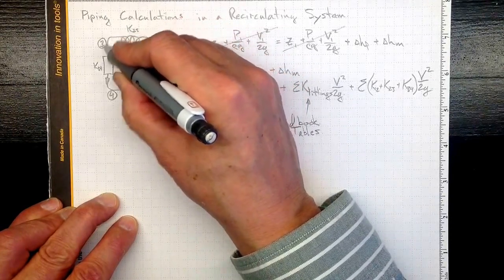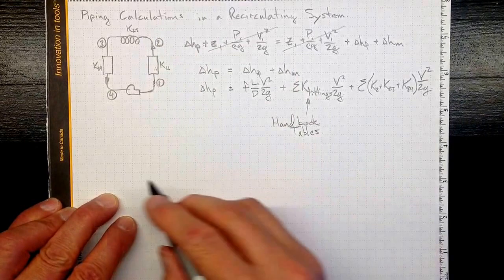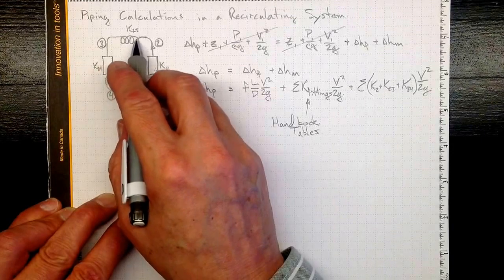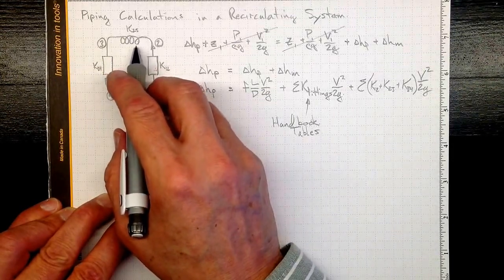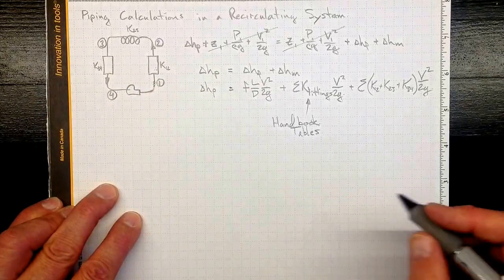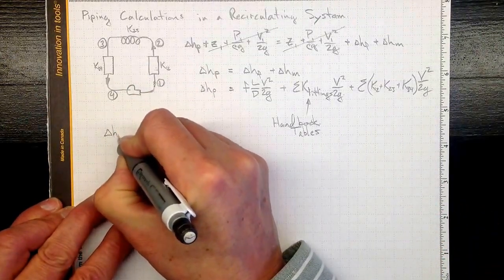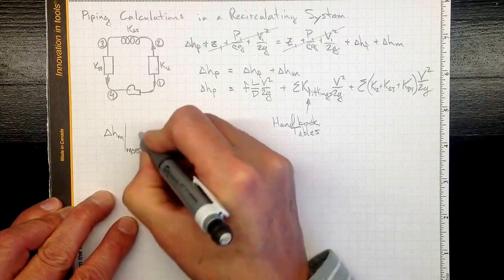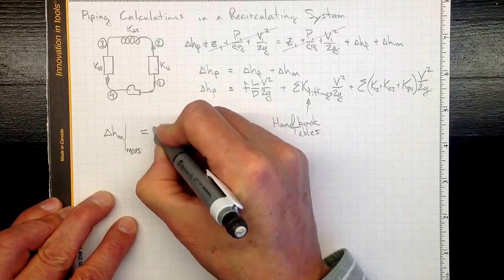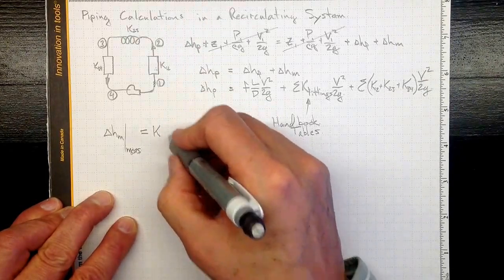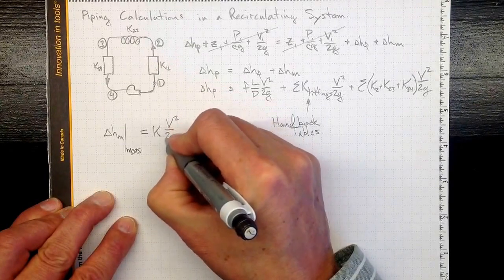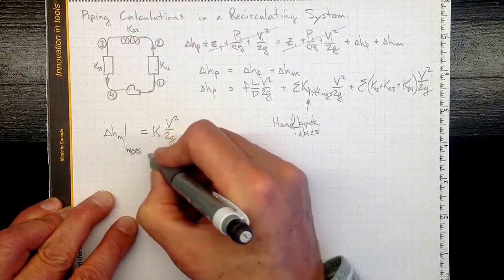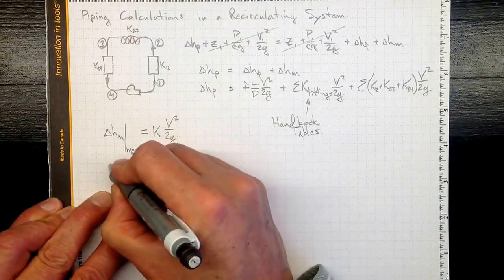The only way that we'll be able to figure out what the K factors are for those is to have measured the pressure drop across these things, or the head loss across these things, under some condition and be able to back out K. So if we have measured delta HM and we set that equal to K times V squared over 2g, and we'd use the velocity of the inlet piping, then we can figure out what K is.